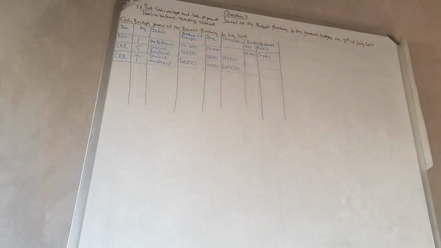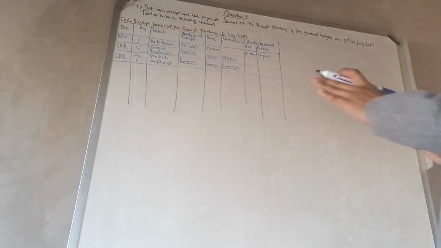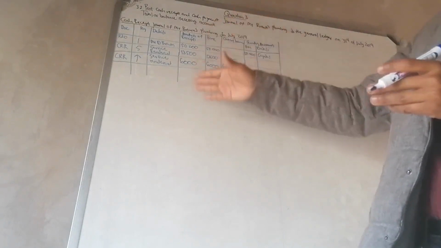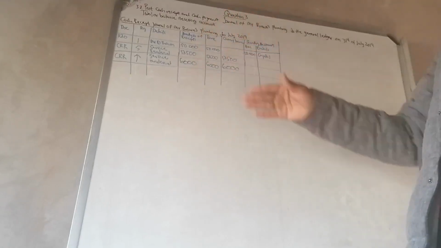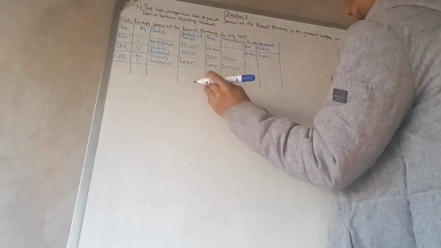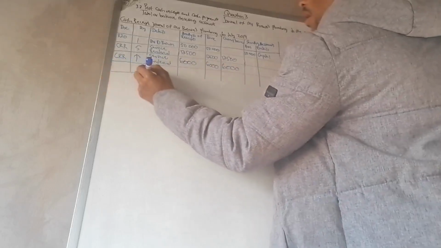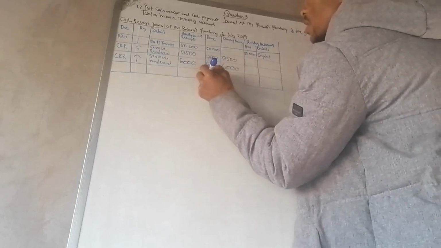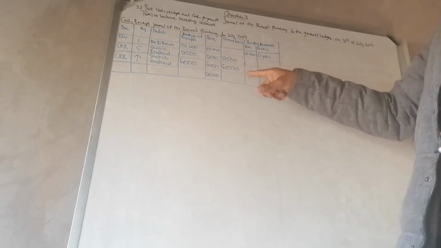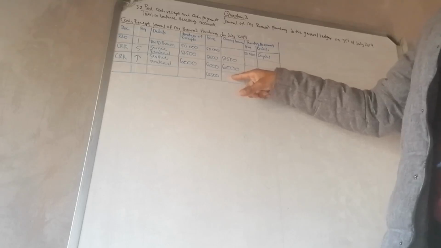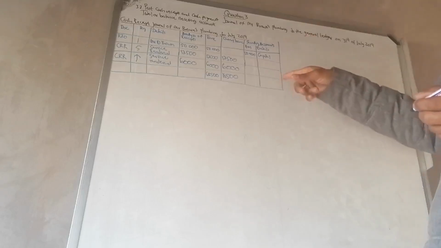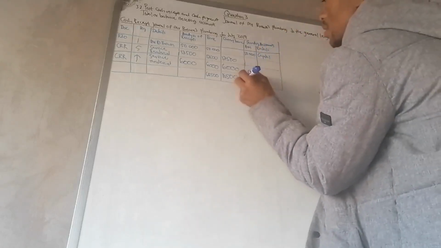Then write the total. Remember, we don't total the analysis of receipts, it's just a breakdown of the bank column. The bank total, when you add those amounts, is 68,500. For current income, 12,500 plus 6,000 is 18,500. In the sundry account there is only one amount, 50,000.